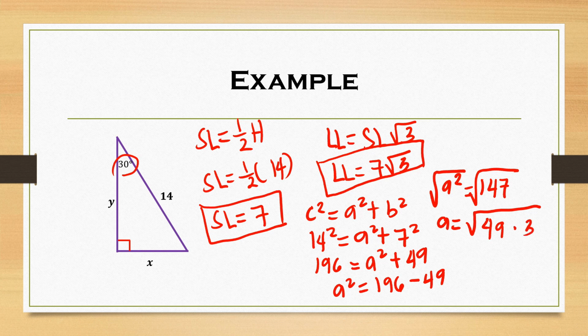Ano yung square root ni 49? Okay, that is 7. So, A is equal to 7 square root of 3. Okay? So, kung makikita nyo, parehas lang yung ating sagot. So, ito ang ating, kumbaga, shortcut na.